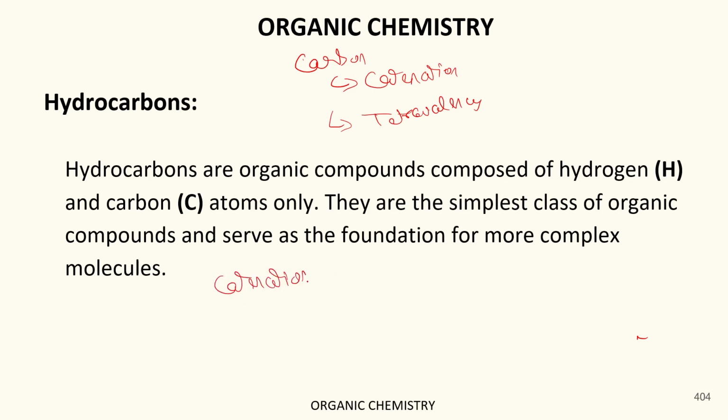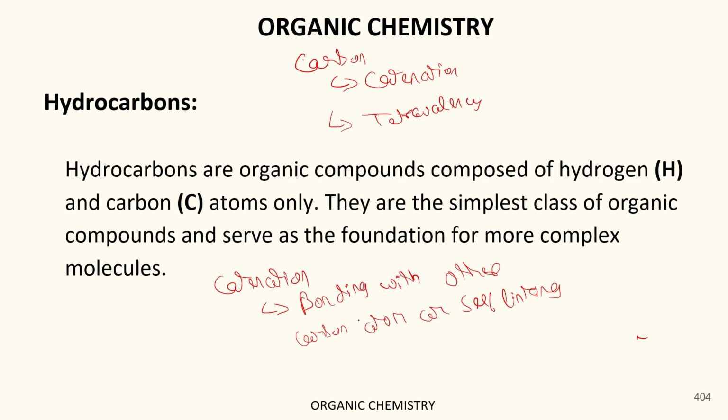Through catenation, carbon can do self-linking. Basically, through catenation, carbon could make bonds with other carbon atoms.